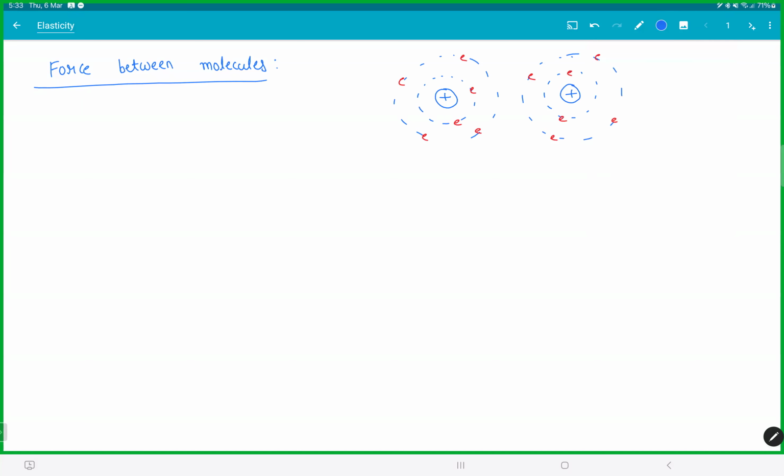So here, this is your molecule 1. This is your molecule 2.